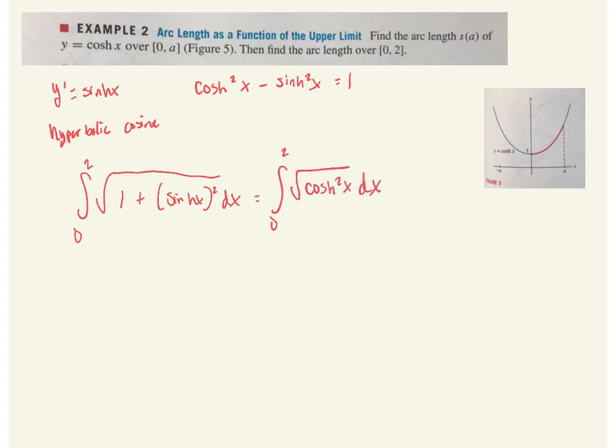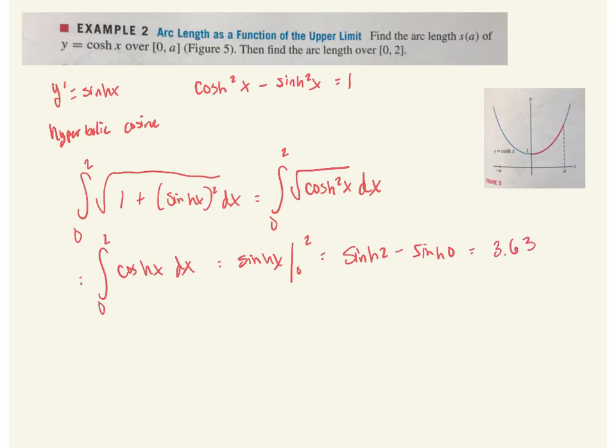And then we can cancel out our square root and our square and say that this is equivalent to the integral of cosh x dx. And we know that the derivative of sinh x is cosh x, so therefore the integral brings us back to sinh x from 0 to 2, which would give us 3.63.